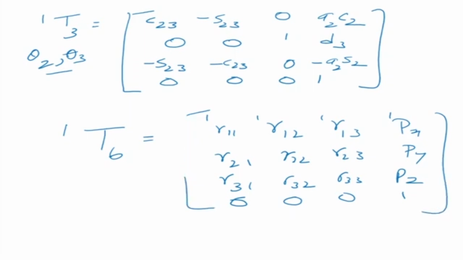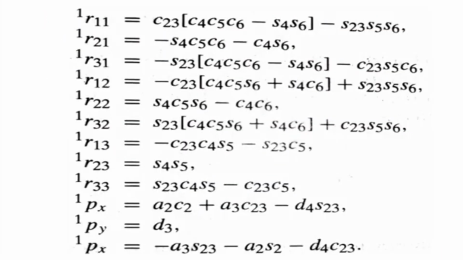Now this is 1 to 6, so we are putting the subscript 1 here. The subscript 1 essentially indicates it is 1 to 6. Now each of these terms appear like this. R11 is equal to cos 2 3, cos 4, cos 5, cos 6 minus sine 4, sine 6, minus sine 2 3, sine 5, sine 6.